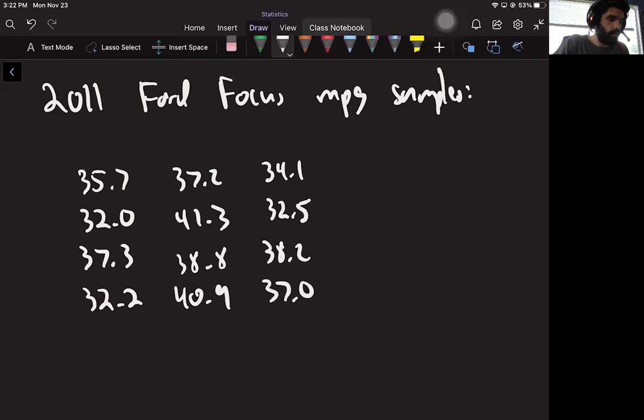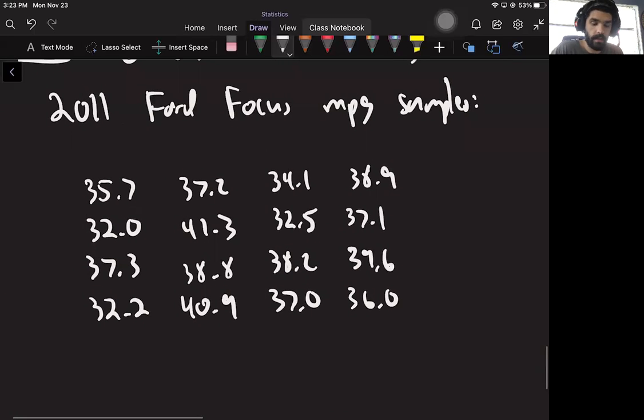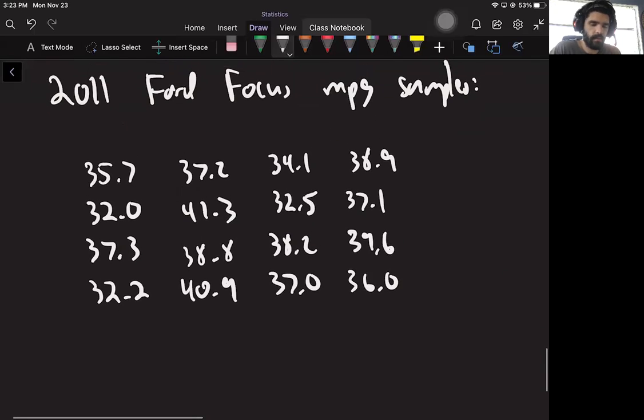Almost done, one more column. These are the miles per gallon of 16 2011 Ford Focuses.